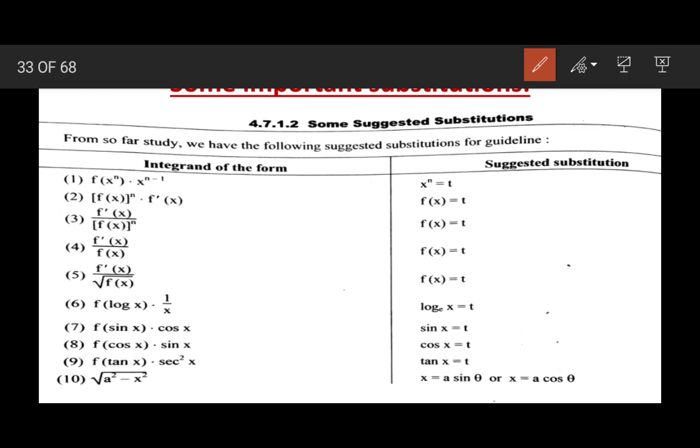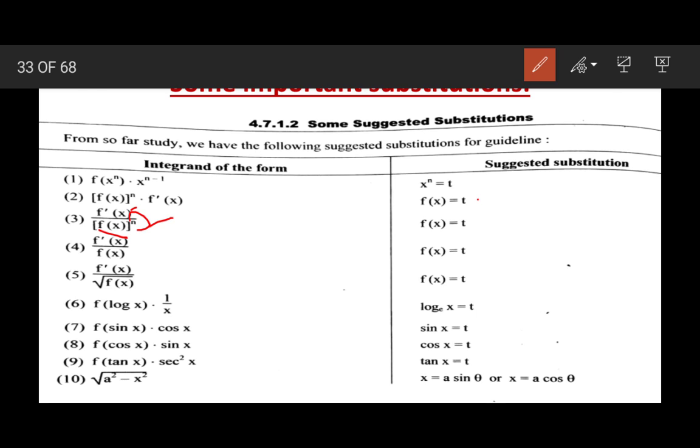If the integrand is in the form of f of x raised to n into f dash x, then we will substitute f of x as t. Then the third one is f dash x upon f of x raised to n. Again in this case, it is function raised to n and the numerator is the derivative of the function, but since in the denominator it is raised to n, we can't apply the result here.